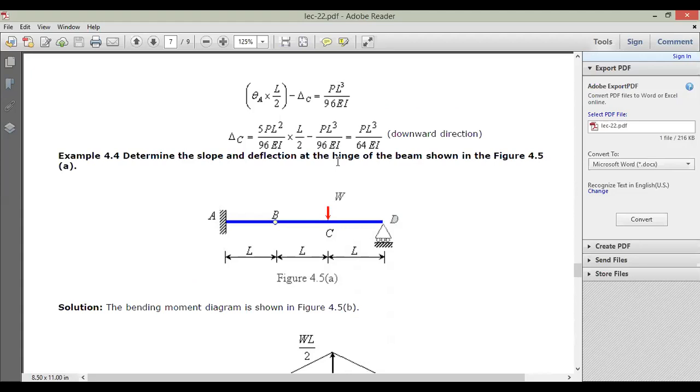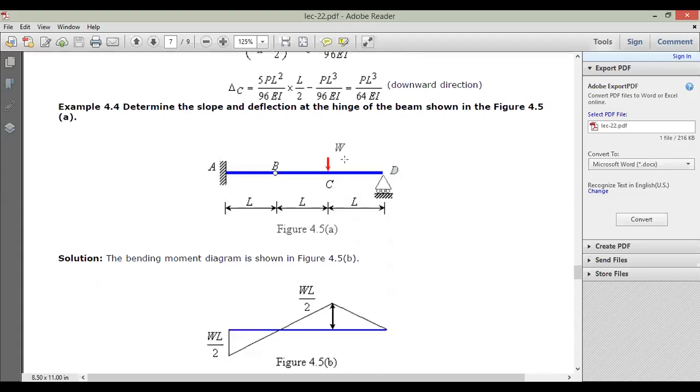So this is another case where one is cantilever beam, another is supported by fixed end, another is supported by roller support, and we can change the position of point load W from center to anywhere else.